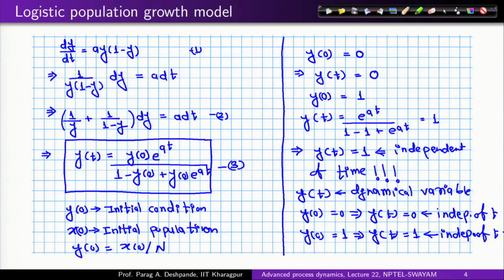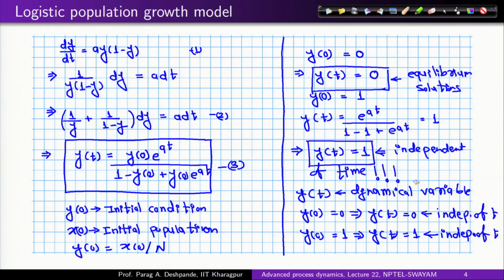And when does your system become independent of time? Your system becomes independent of time when there are no gradients in your system, which means that y t is equal to 1 and y t is equal to 0 must be your equilibrium solutions.